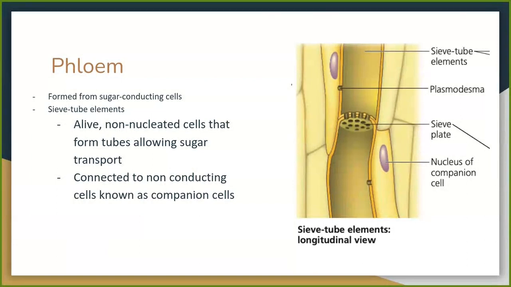These cells are not part of the tube, but they're connected to the sieve tube elements by plasmodesmata. Again, those are like holes within the cell that allow for transfer of material. And sometimes these companion cells work to load sugars into the sieve tube elements, and then they can transport that around.